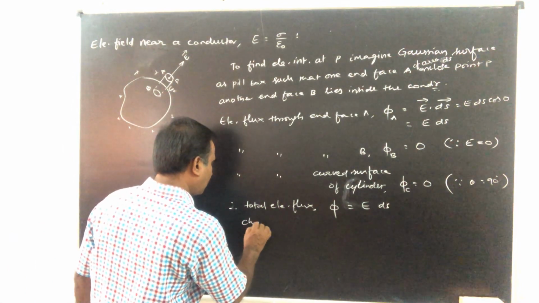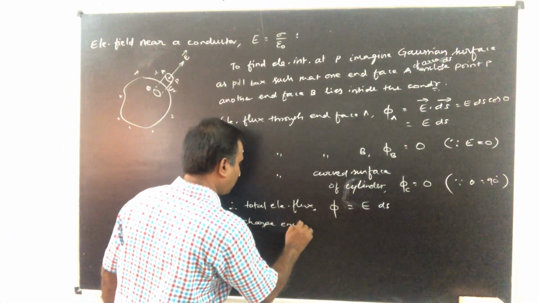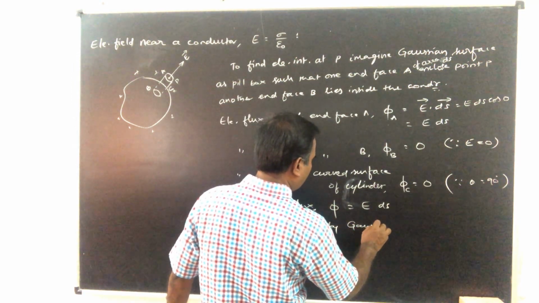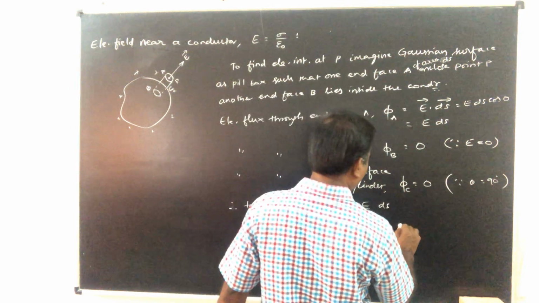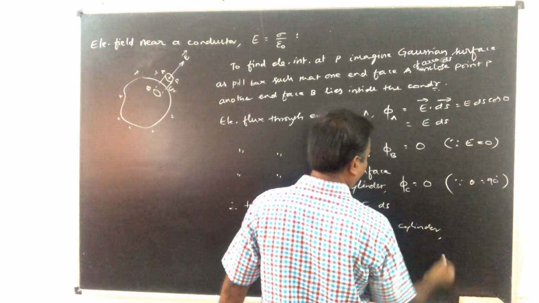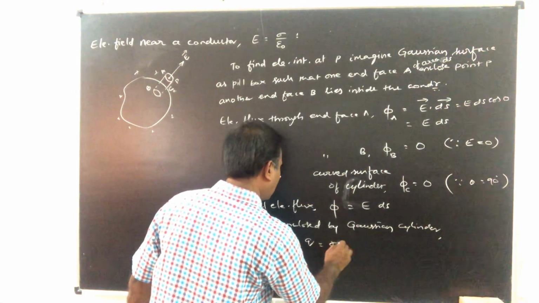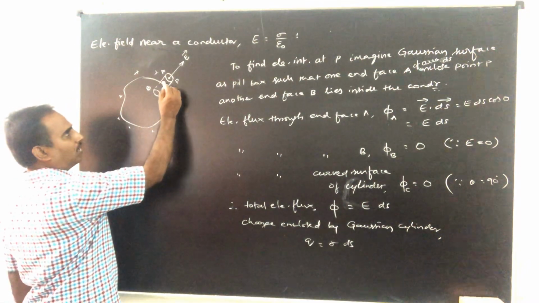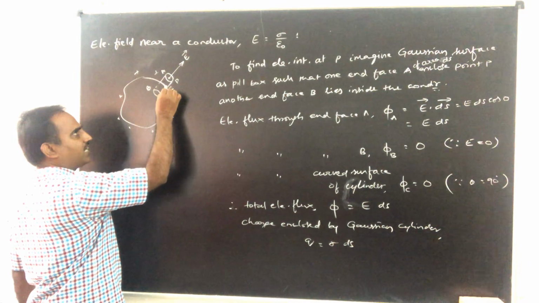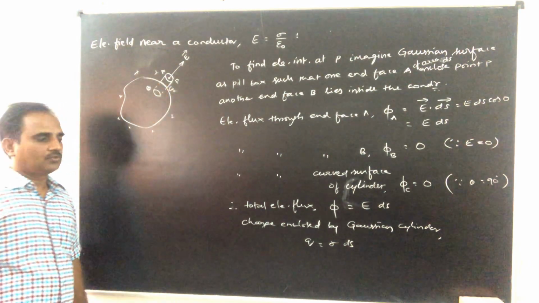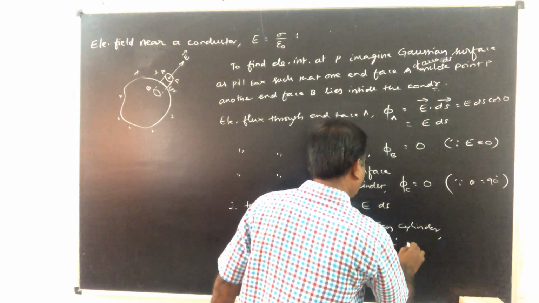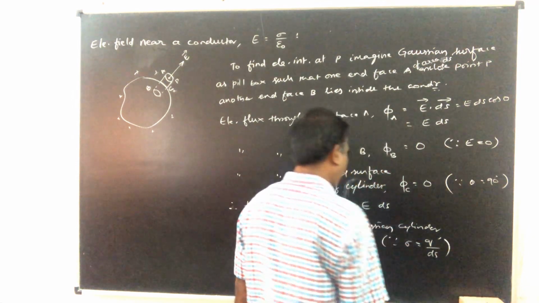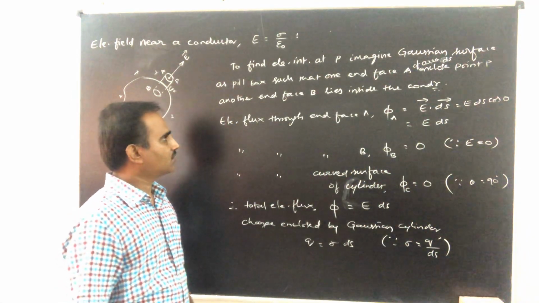Next, I find the charge enclosed by the Gaussian cylinder or pillbox. Q is equal to sigma ds. What is this sigma? It is the surface charge density on this area. Since sigma is equal to Q divided by ds, this Q can be written as sigma ds.